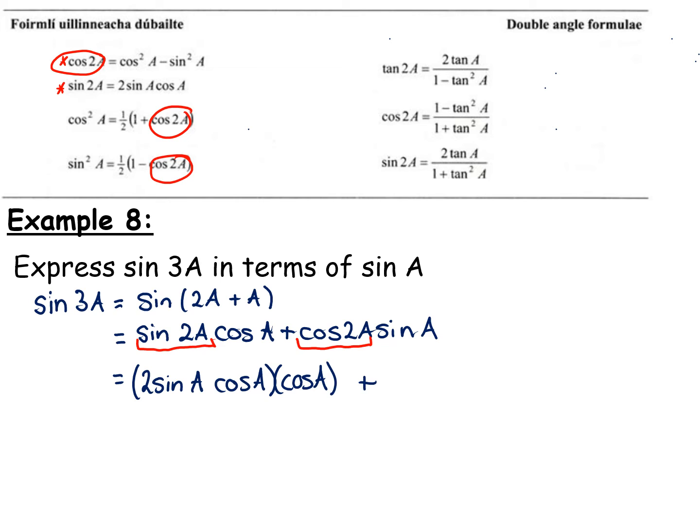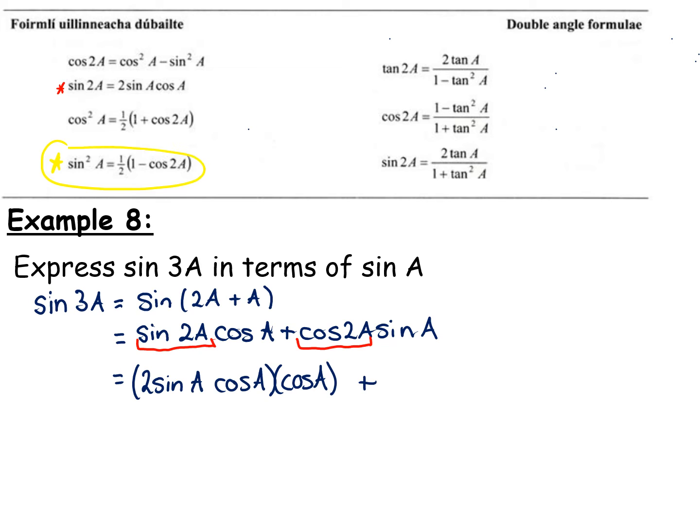So do I want to start putting in cos squareds and sine squareds? Probably not. What we will actually work with is this one here. Let me rewrite the three pieces. So we're actually going to work with this one here.